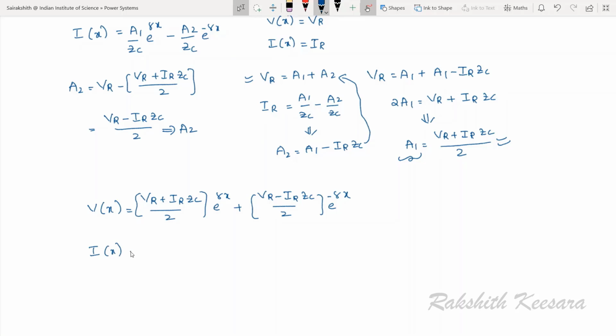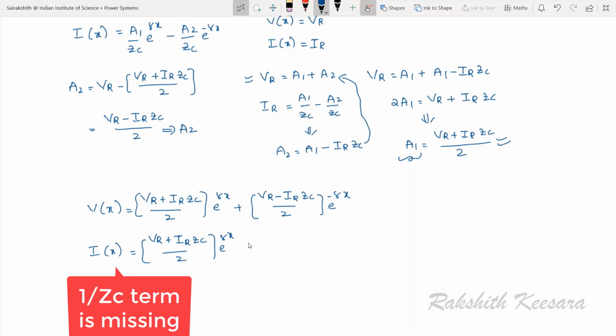I of x is equal to VR plus IRZC by 2 into e power gamma x minus VR minus IRZC by 2 into e power minus gamma x. So these are the two equations that I can write.